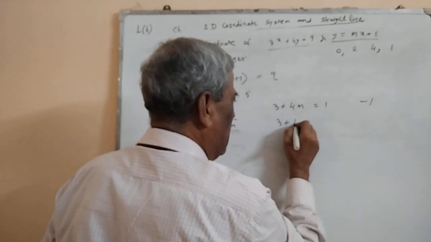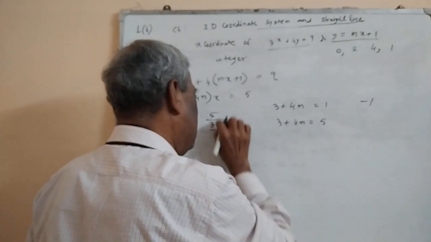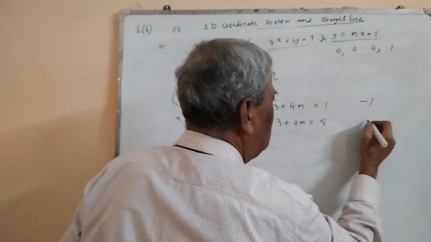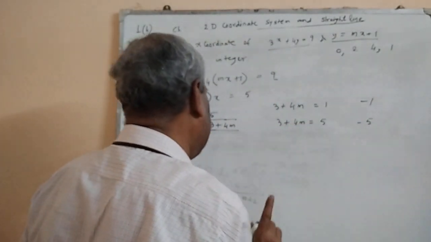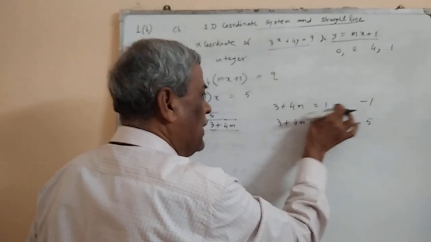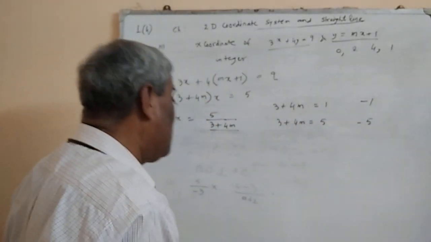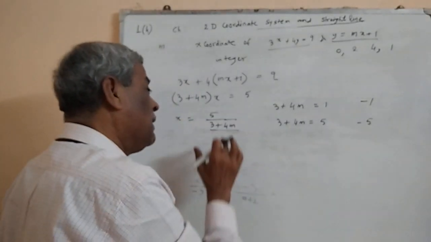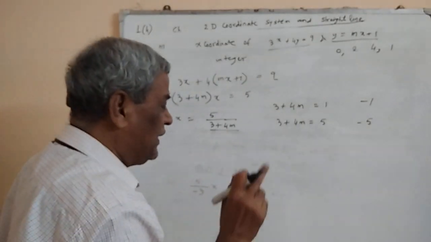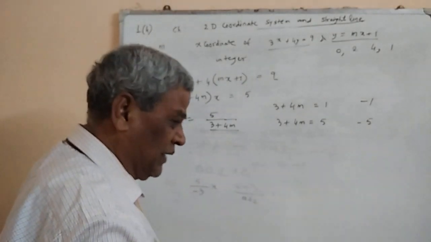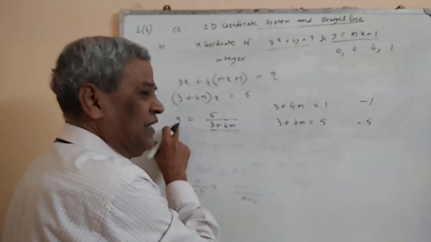Suppose 3 plus 4m is 5, then x is an integer. If it is minus 5, then again an integer. So there are only 4 possibilities. This value is 1 or minus 1, 5 or minus 5. No other alternative is there because 5 is in the numerator. So here the only possibilities are 1, minus 1, 5 or minus 5. Otherwise x will be a fraction.